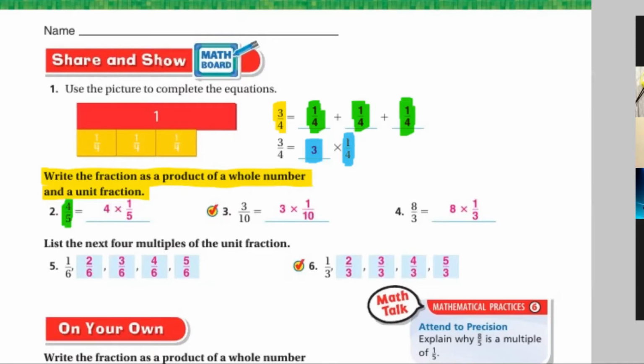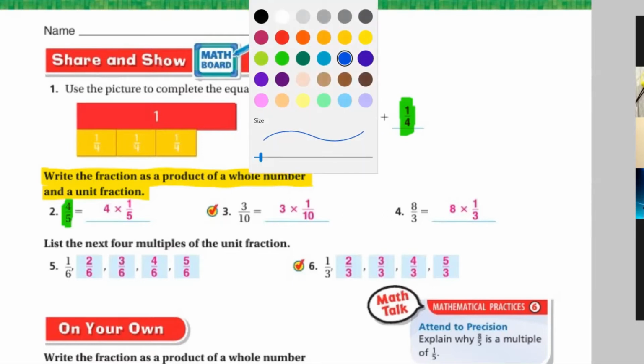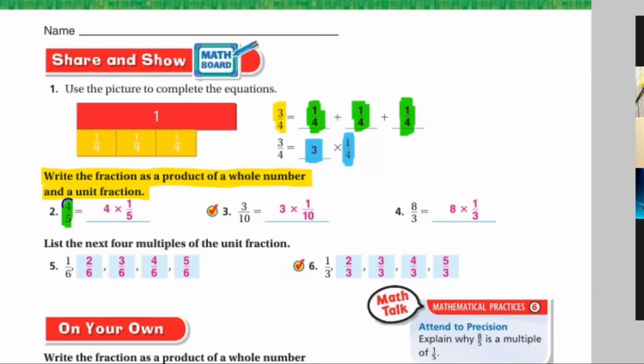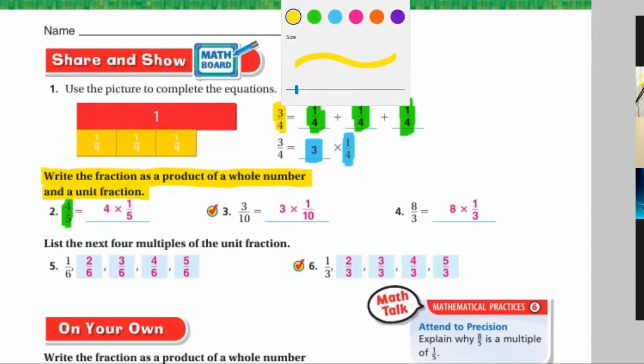We will put 4 over 5. No, you mean 1 over 5 four times. Excellent. But if we want to write it as a product, a product means you have to use multiplication. So we have 4 up here, right? So we're gonna write the number up here first as a whole number, and multiply by what?